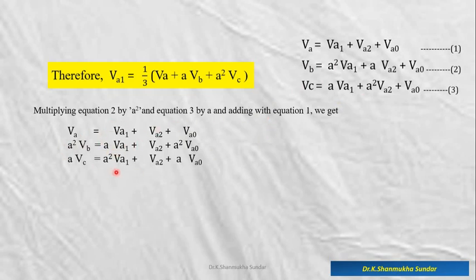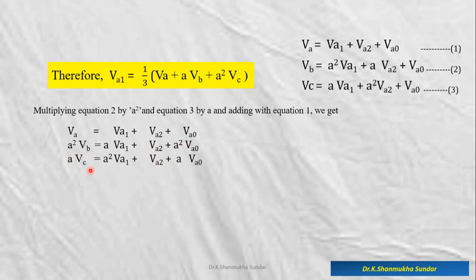Again we are going to sum up. After summing up and taking out, you can see Va1, Va1, Va1 times 1 plus a square, so this component will be 0. Then Va0 is there, which is common, 1 plus a square. This component is also 0. Now Va2 becomes 3 Va2 is equal to Va plus a square Vb plus a Vc.